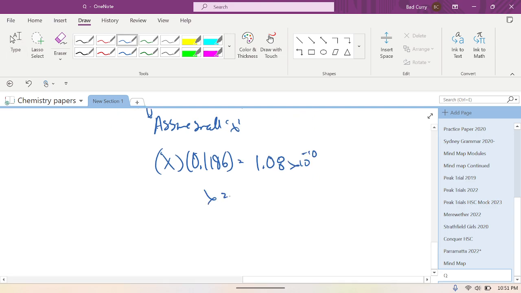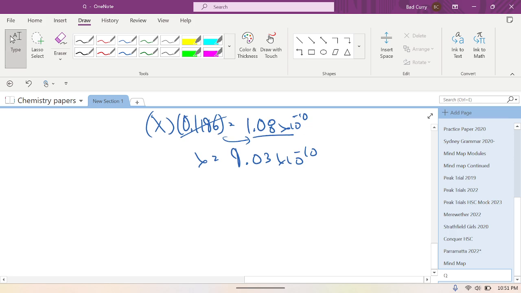So you get x equals, let me just evaluate it for you, 9.03 times 10 to the negative 10 for x.